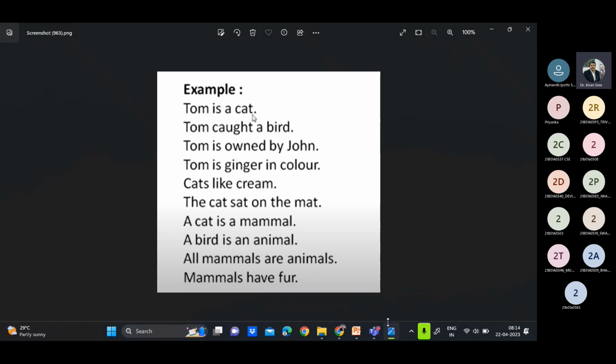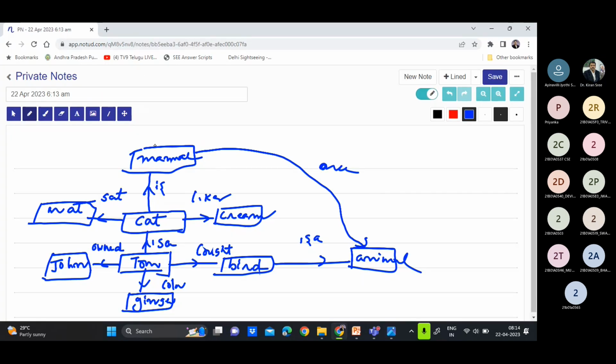And mammals have fur. I'm drawing this. Mammals have fur, so I will write like this.